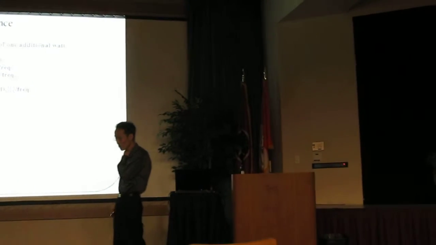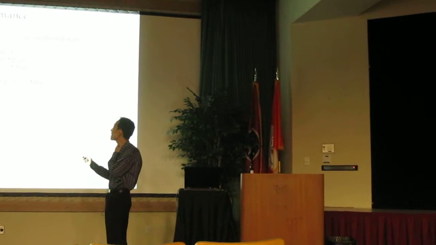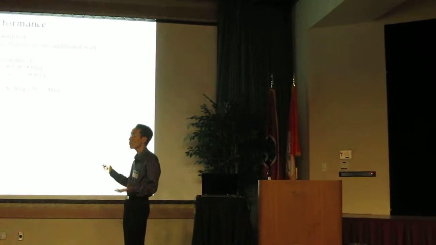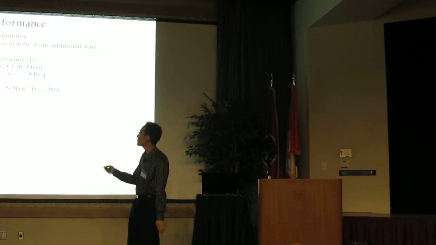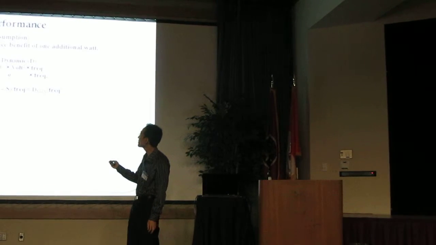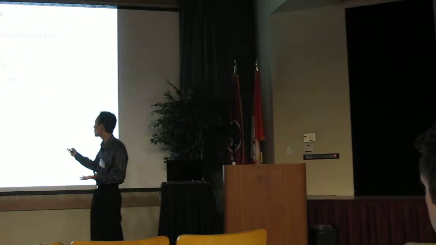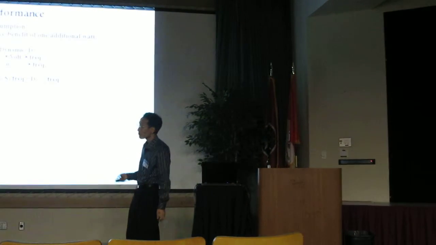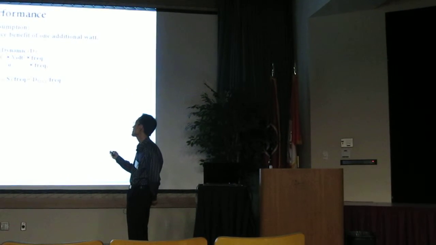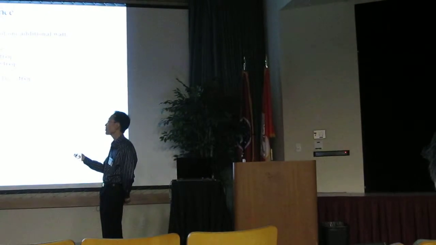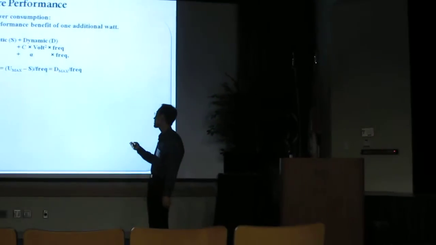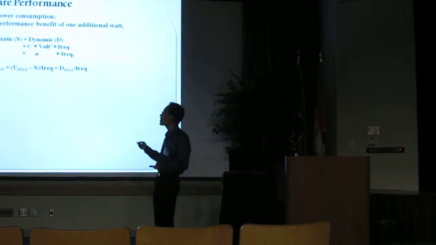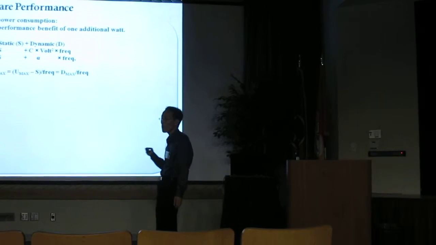Dynamic power consumption can be described by capacitance load times operating voltage scale times frequency. We simply introduce an alpha coefficient, which is represented by capacitance load times voltage scale. Based on these equations, we can find the maximized alpha coefficient value, which is represented by the maximized dynamic power consumption divided by frequency.